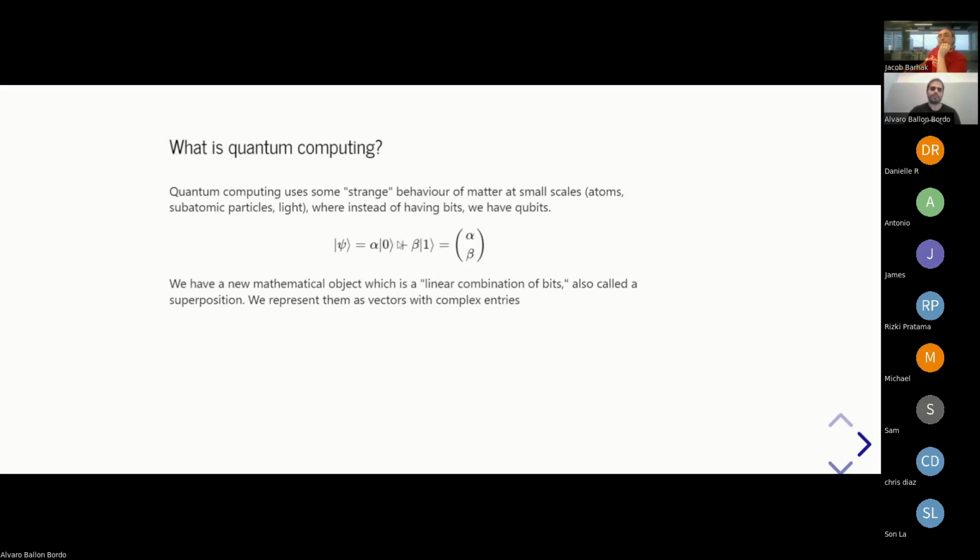If you've seen linear algebra, this is called a linear combination of zeros and ones. So this alpha here turns out to be a complex number, and this beta here is also a complex number. So a bit now can not only be just 0 and 1.